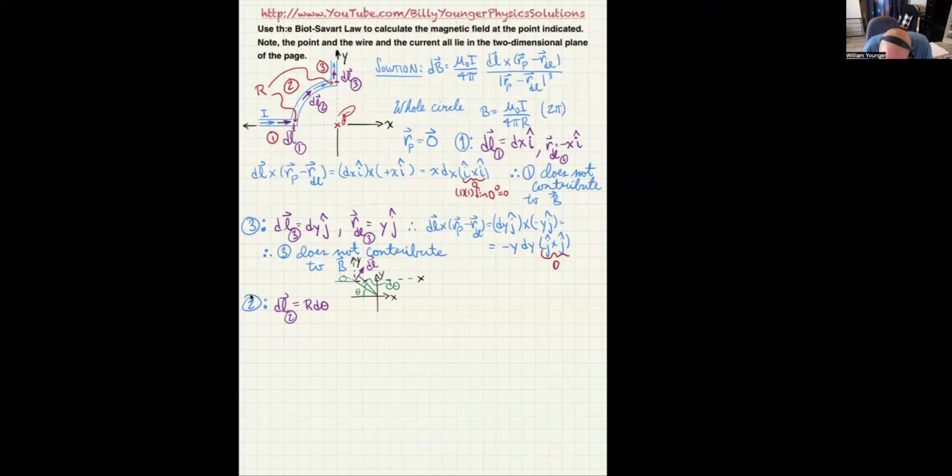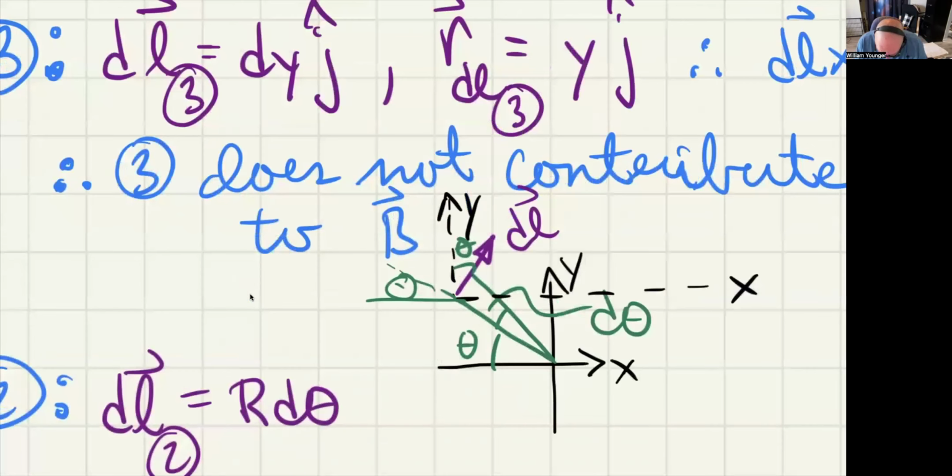With that in mind, we can see, for instance, that this angle is theta, and therefore this angle is also theta. Excuse me, I made that way too small. So this angle right here is theta, and this angle right here is also theta, so that we can see, for instance, the x component is in fact positive, so that's dL sub x, and the y component is positive as well.